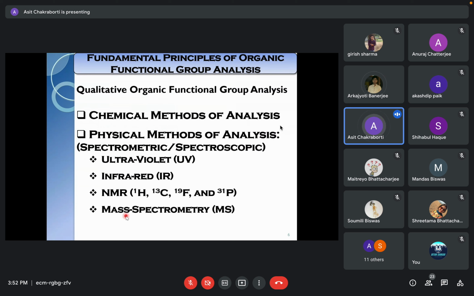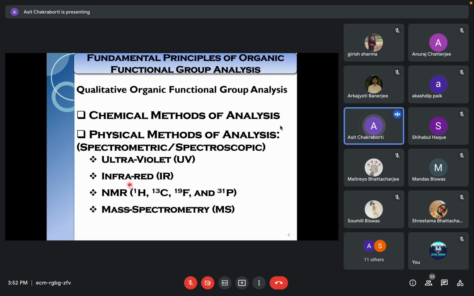Can I just repeat the question? Among these four spectral methods, UV-visible, IR, NMR, and mass, all of them provide qualitative information, like whether something is present or not.